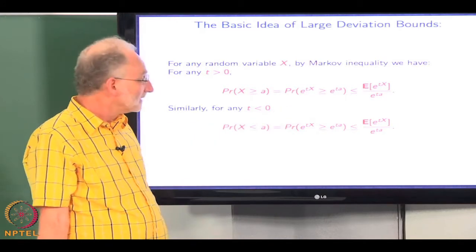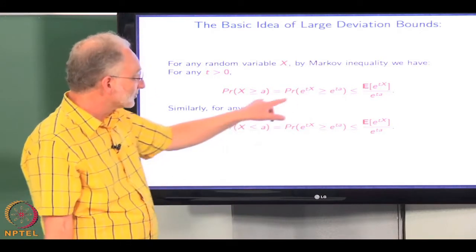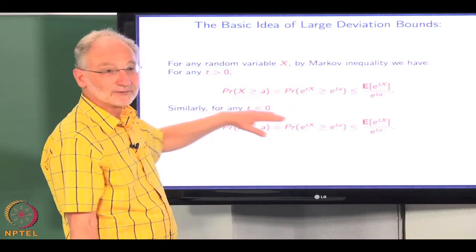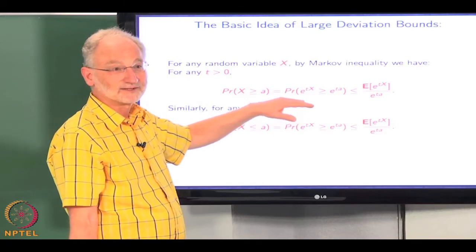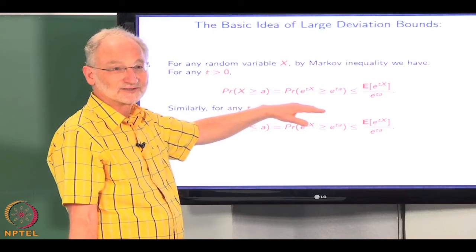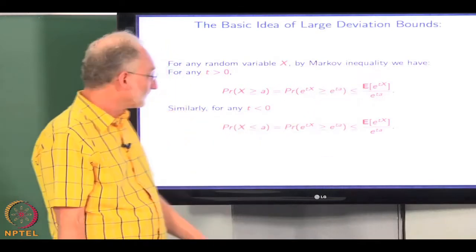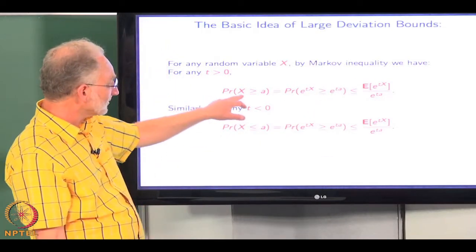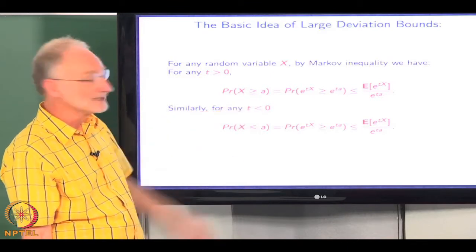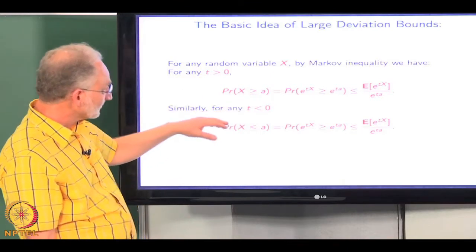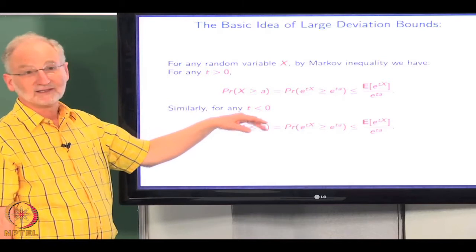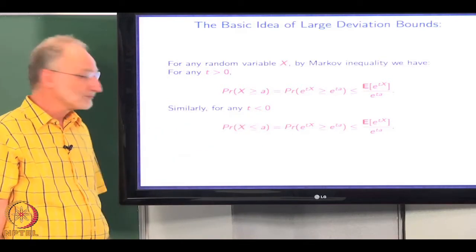As it happens, this jump from looking at the random variable to looking at the exponent of the random variable has a very deep meaning that we're going to discuss in a second. And this gives very strong bounds. Now this is for the question whether x is greater or equal to A. We can answer the opposite question using t less than 0.